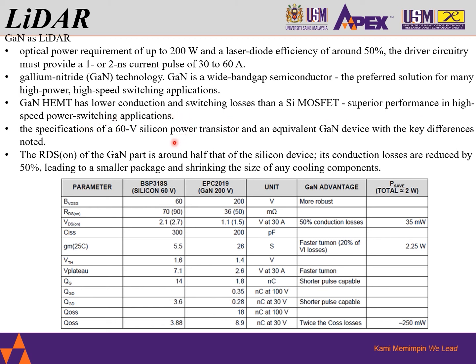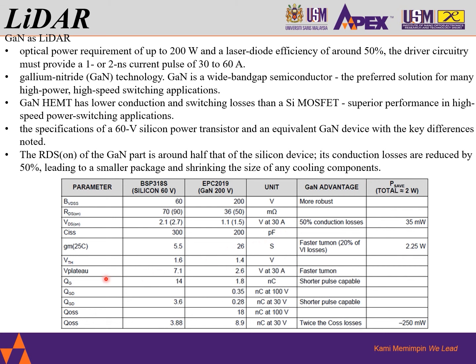The specifications of a 60-volt silicon power transistor and an equivalent GaN device are compared, with the key differences noted. The RDS(on) of the GaN part is around half that of the silicon device. Its conduction losses are reduced by 50%, thus leading to a smaller package and shrinking the size of any cooling component systems.